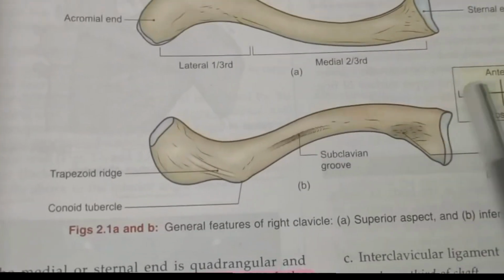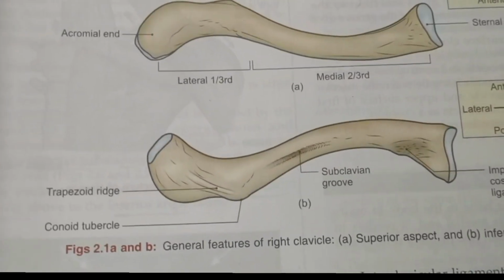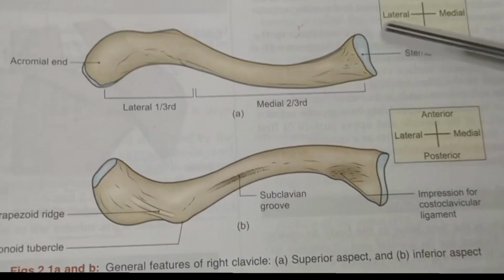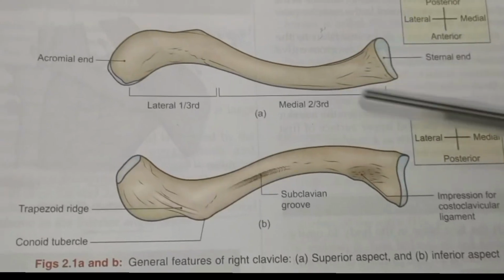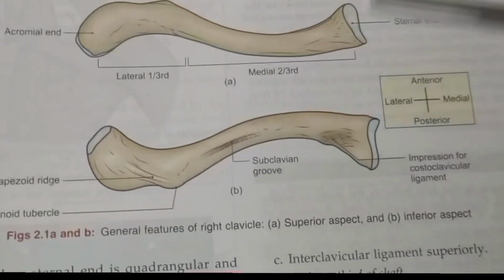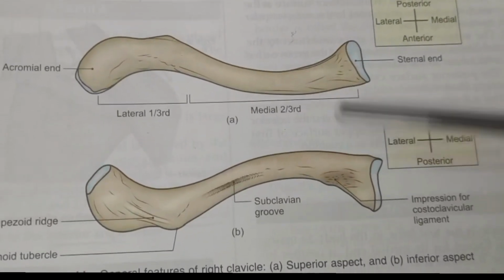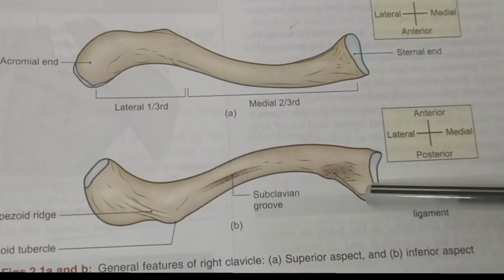Now coming to the medial two-thirds. The medial two-third is quadrilateral, rounded and convex forward. It has four surfaces: superior, inferior, anterior, posterior.